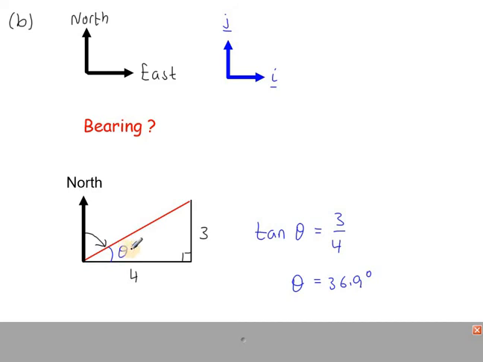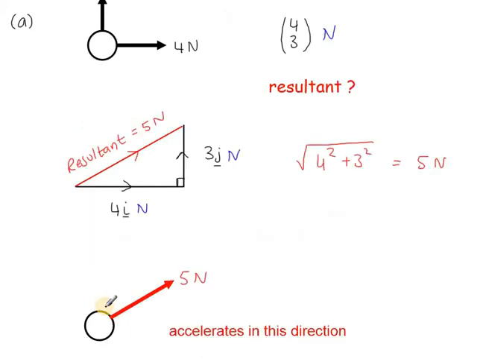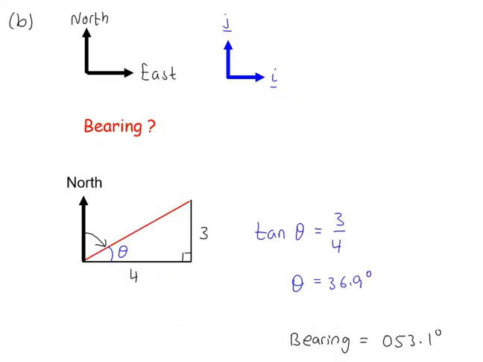Now tan theta is 3/4, so theta is 36.9 degrees, so we need to do 90 minus, so the bearing will be 053.1 degrees. So the particle experiences a resultant force of magnitude 5 newtons, and the direction in which it goes will have a bearing of 053.1 degrees.